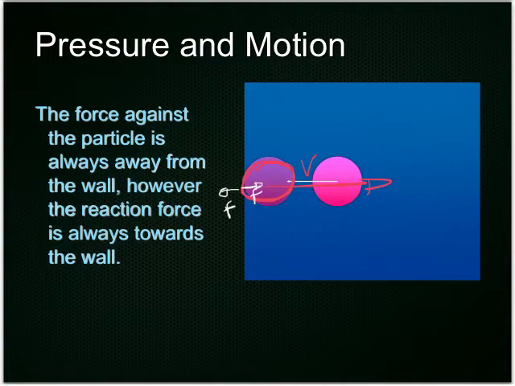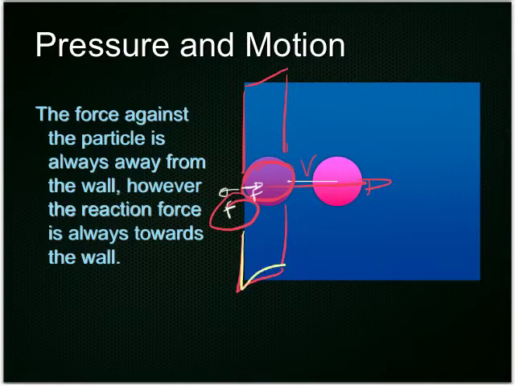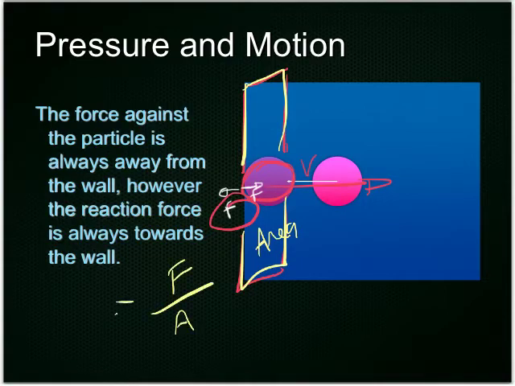So as this object hits the wall, because there's a force, and you could even say that there is an area to this wall. Okay, let's try that a different colour so you can see it. So this is the end wall. It has an area. Then because there's a force over an area, it must then create a pressure.